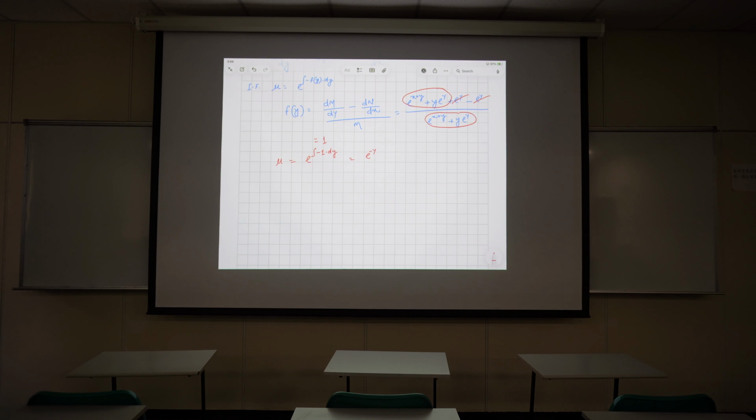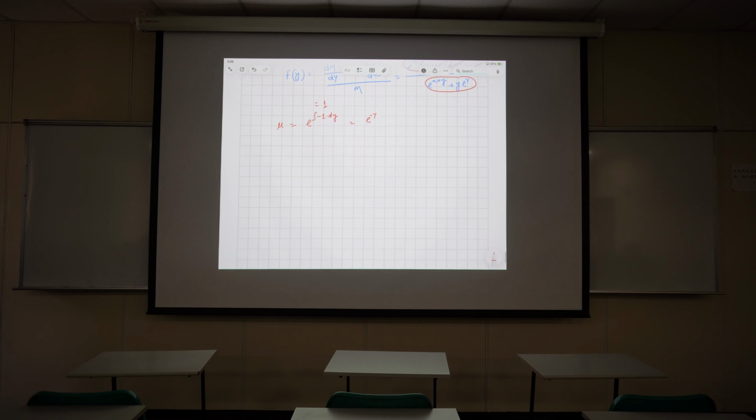Now look into the original problem, and if we multiply by e to the power minus y, then see how simple the ODE will be.